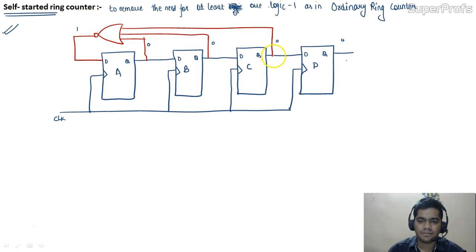So it is quite a peculiar point. We are giving feedback just from QA, QB and QC, passing through a NOR gate and giving it to DA, that is the input of the first flip-flop. So you can make the self-started ring counter. Then we are going to see some asynchronous inputs. What do you mean by asynchronous inputs?